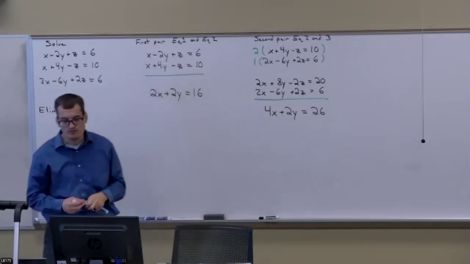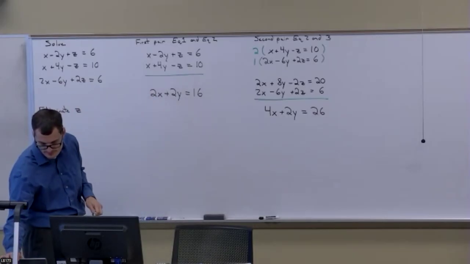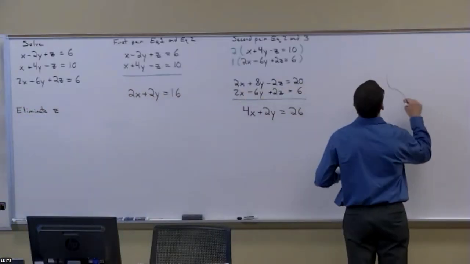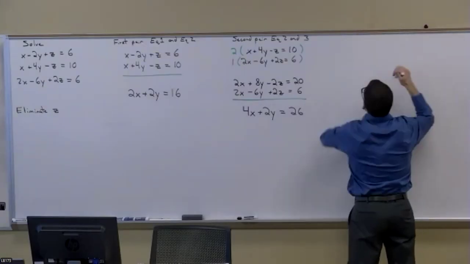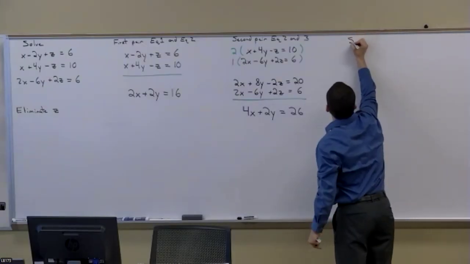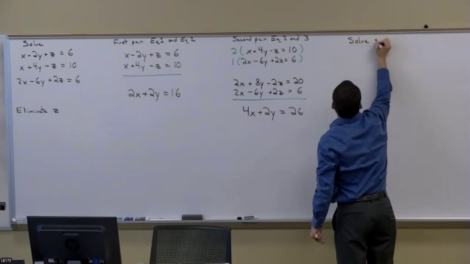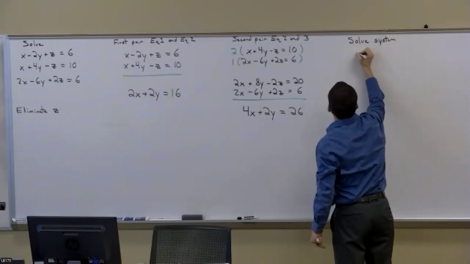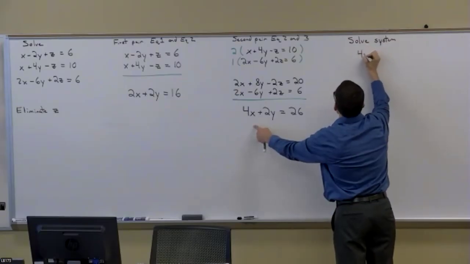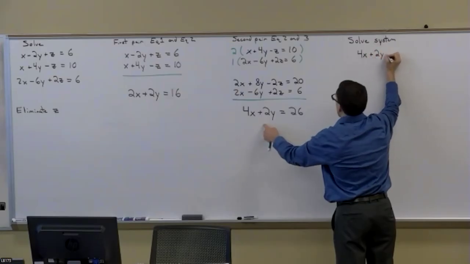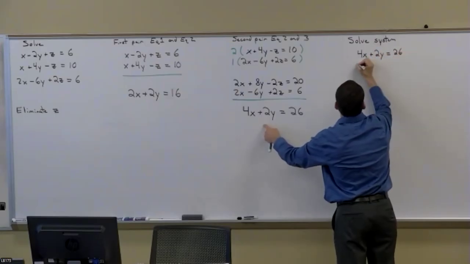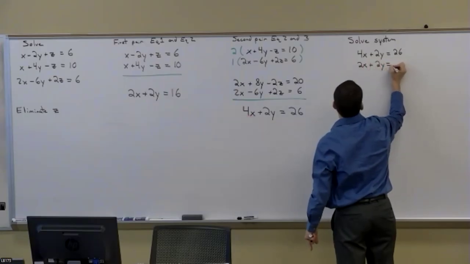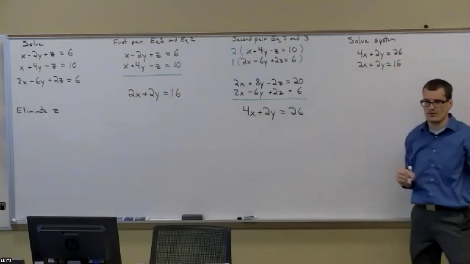And so I can move on and just solve this system, which says, I'll write that one first. 4x plus 2y equals 26. And then that second, 2x plus 2y equals 16. You could have written it either way, doesn't matter.